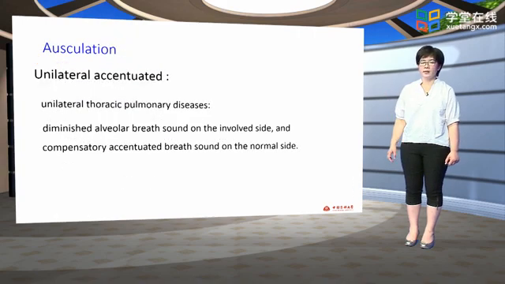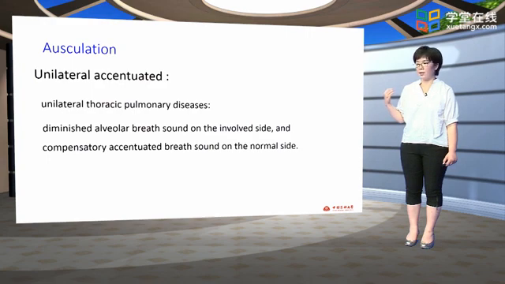And also, this is a reason for both parts. They have unilateral accentuated breath sound, like in unilateral thoracic pulmonary disease. They have diminished alveolar breath sound on the involved side and compensatory accentuated breath sound on the normal side.